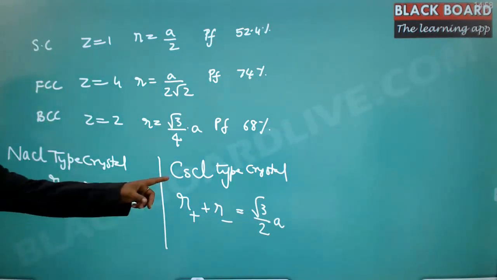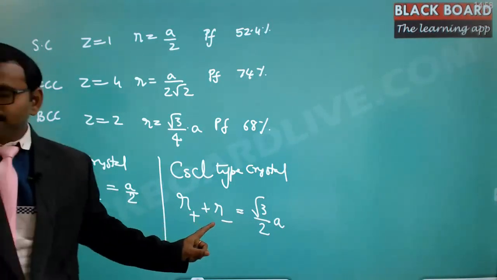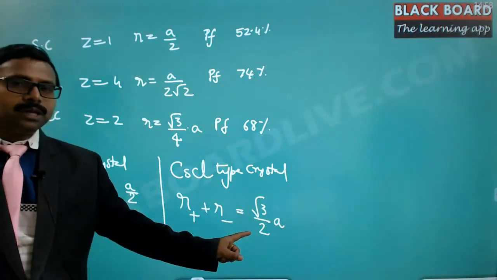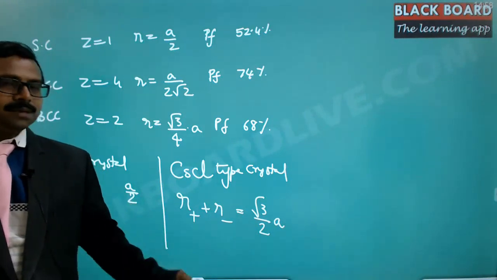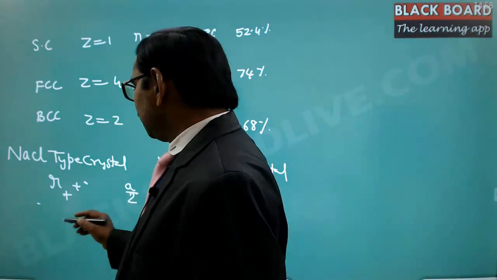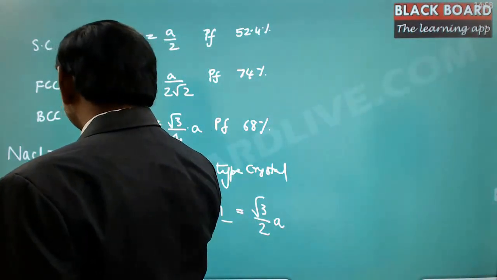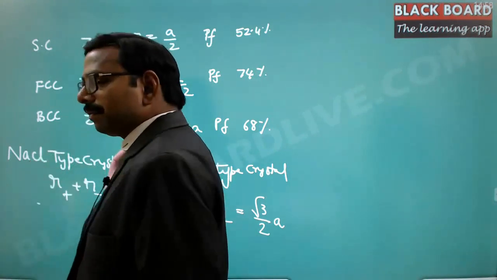For a cesium chloride type ionic crystal, radius of cation plus radius of anion is equal to root 3 by 2 into A. For an NaCl type crystal, radius of cation plus radius of anion is equal to A by 2.